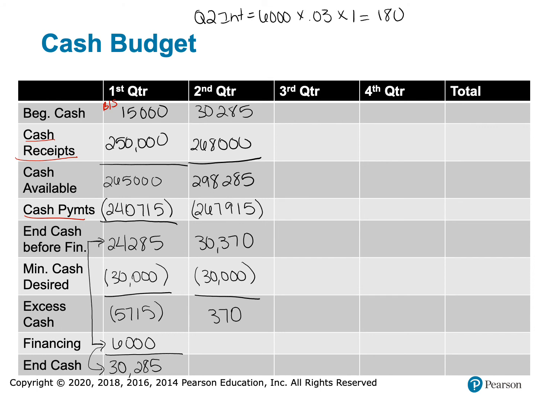So I want to go ahead and pay that $180. So I'm going to subtract that out. That would give me as my ending cash the 30,370 minus the 180 of interest that I'm paying back, or 30,190.